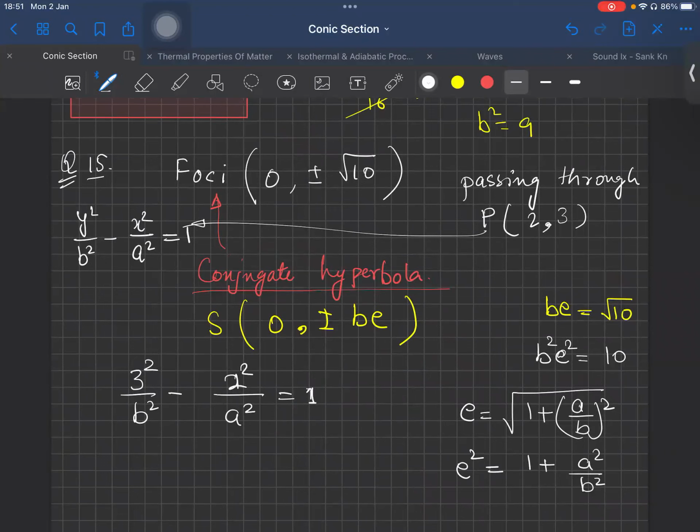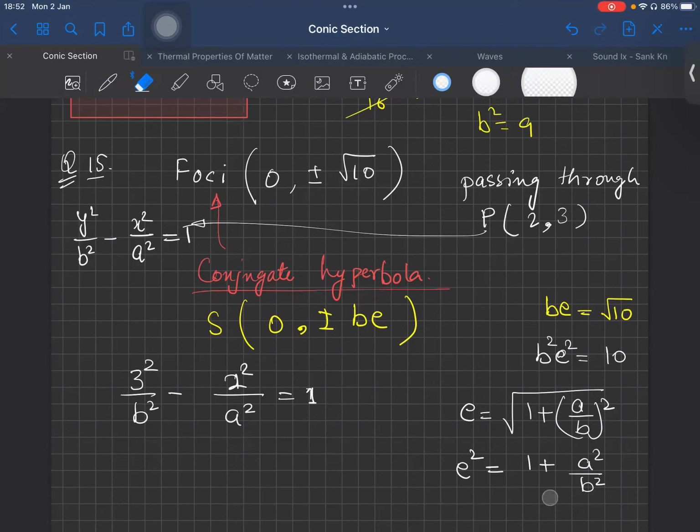Just check if it is correct or not. Till this far it is fine, right? So you take LCM. What will happen? This will become B square plus A square upon B square. Now just multiply it this side.